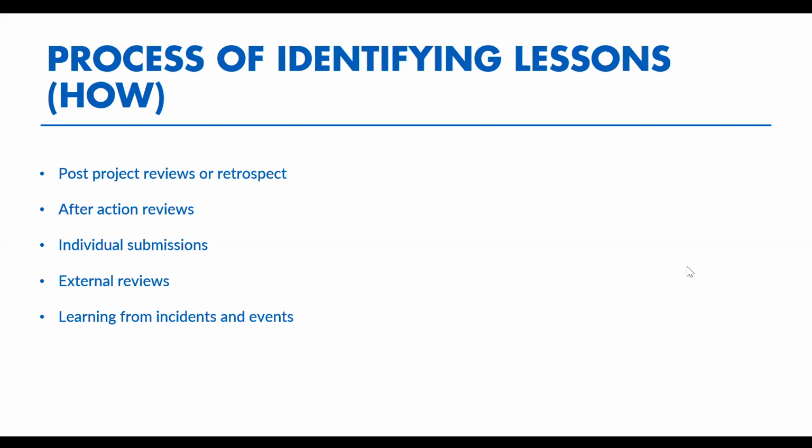It draws up lessons on activities we are implementing rather than a whole project or program. The purpose is to help teams gain immediate feedback on their performance, and to immediately apply the lessons or recommendations emerging from the exercise for the purpose of course correction.